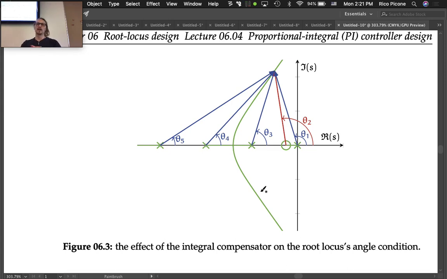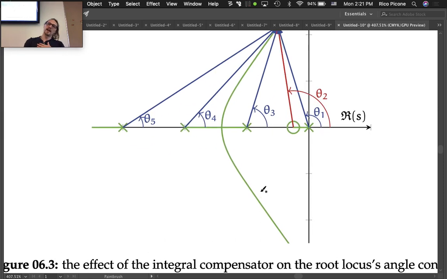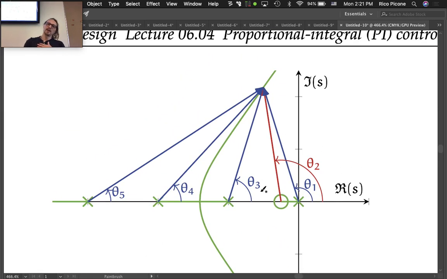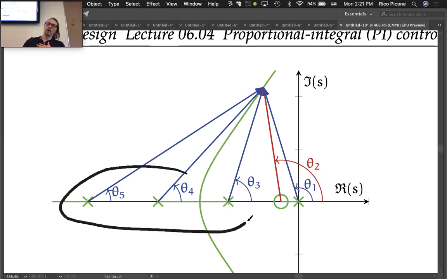Okay. So in this example, this is just an example, we have a root locus in green here, and we've got 3 poles that were in our original open loop transfer function, okay? So those were already there, and they define the root locus, which has this shape here.